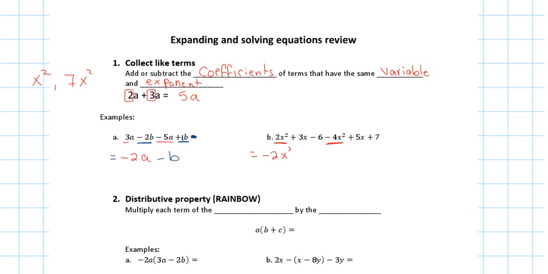So I have 3x plus 5x. So that's going to be plus 8x. And then I have the negative 6 plus 7. So that's going to be plus 1. Okay? So we take the term with the sign that comes before it.